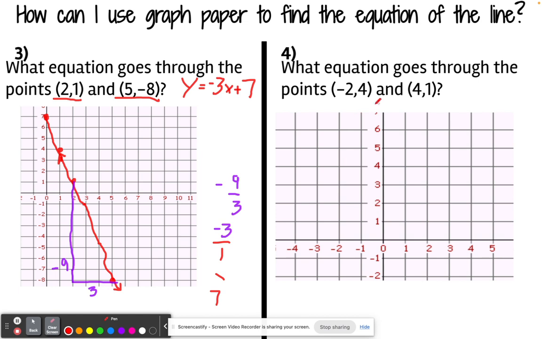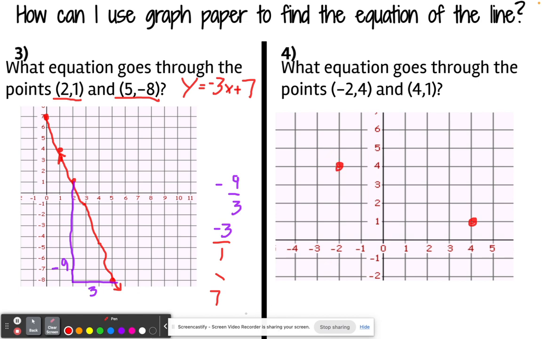Let's look at my next example. I have a line that goes through negative 2, positive 4, and positive 4, positive 1, right here. And the straightness of my line probably makes a difference here so I can see my y-intercept.